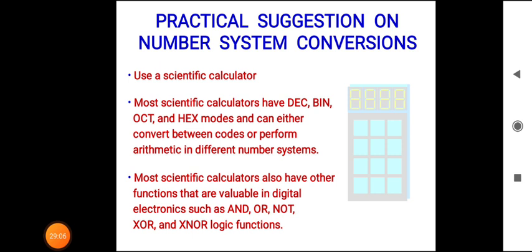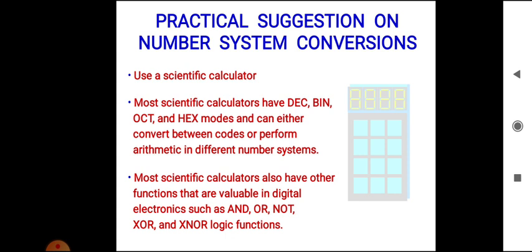And finally, a practical suggestion on number system conversions: use a scientific calculator. Most scientific calculators have DEC, BIN, OCT and HEX modes, that means decimal, binary, octal and hexadecimal, and can either convert between codes or perform arithmetic in different number systems.